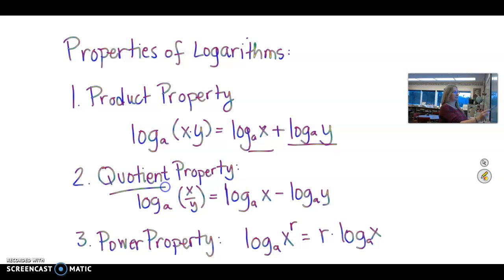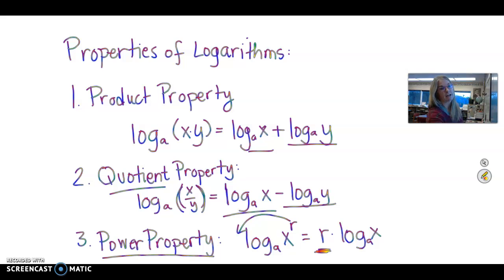The quotient property says that if you have a quotient inside here, log base a of x divided by y, you can split that up and write log base a of x minus log base a of y. And then the power property allows you to bring, if you have a logarithm base a of x to the power of r, you can bring that r down in front. And all of these properties can go in reverse as well. It depends on if you're expanding or if you are condensing a logarithm.